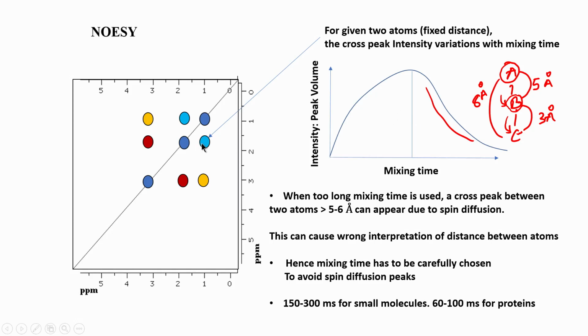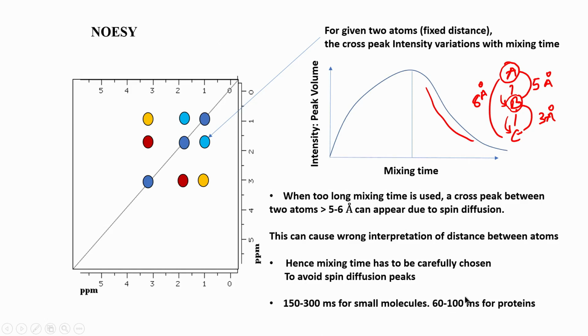If the peak intensity increases at the initial mixing times and later starts decreasing, then the peak is basically a spin diffusion peak. This is an unfortunate problem which happens very many times. So, that is why we try to restrict the mixing time to smaller values.